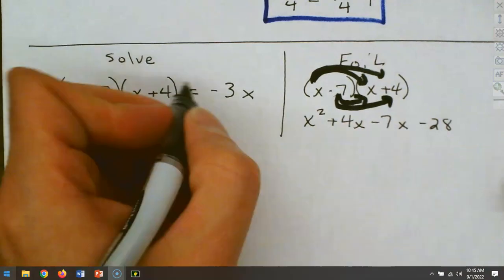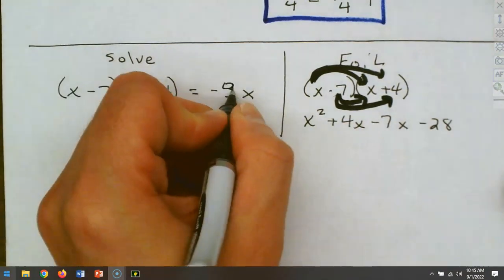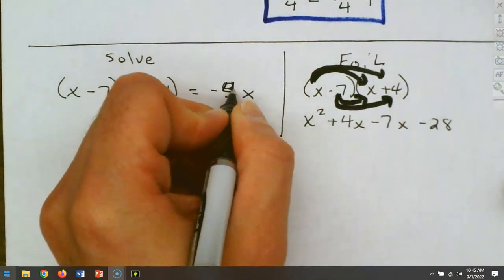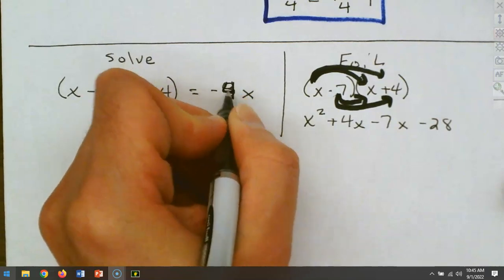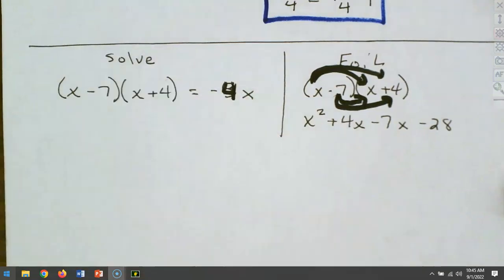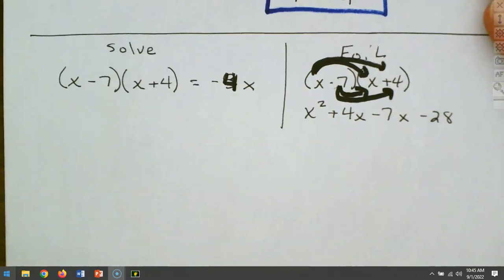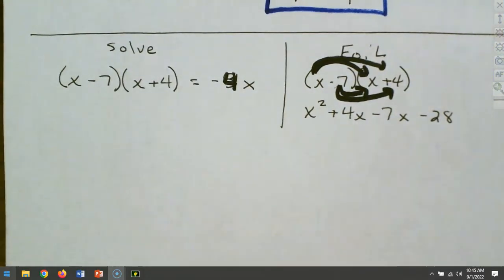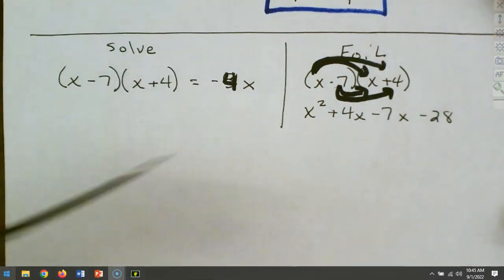And let's make this a negative 4x, so that way it doesn't cancel out. Bless you. Sorry about that. I don't want it to cancel, so let's make that a negative 4x there. That way it doesn't cancel out with the other one. Otherwise it would cancel, and I don't want to do that. So now we need to clean this up.